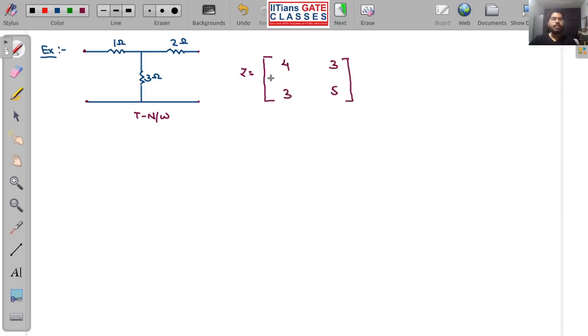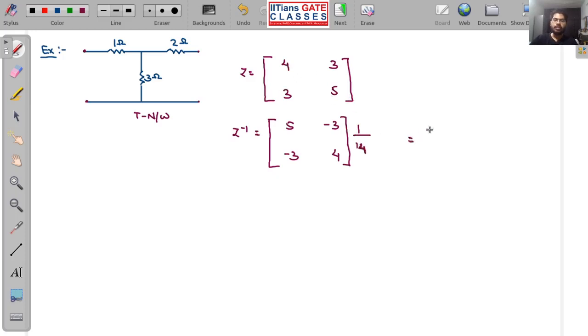What is the inverse of this? Z inverse, if I want to calculate, it will be what? So this 4 and this 5 will get interchanged. So this is 5 and 4, and I will be multiplying this by minus 3, and this whole will be divided by the determinant. So 5 into 4, 20, 20 minus 6, that is 14.